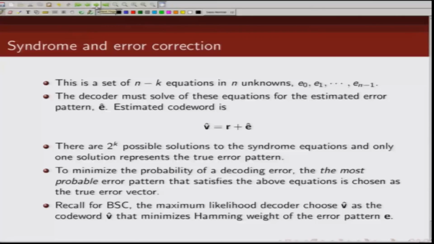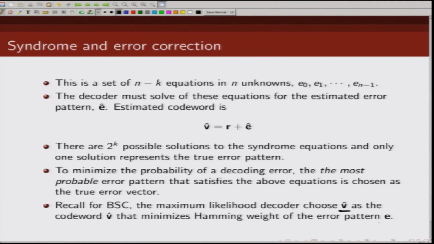And as we said, we did an exercise in previous lectures. We have shown the maximum likelihood decoding rule for a binary symmetric channel, and we have shown that for a maximum likelihood decoder we choose our estimated code word as the one that minimizes the Hamming distance between the received code word and the transmitted code word.